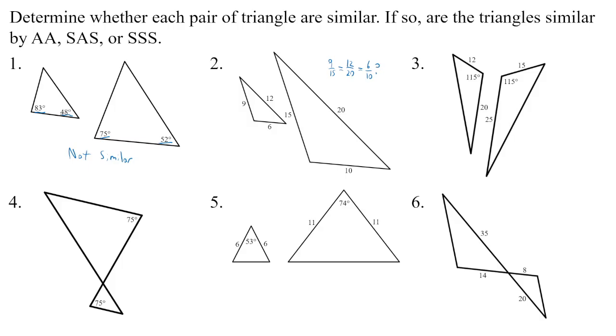Well, let's see what they all reduce to. 9 over 15 reduces to 3 over 5. 12 over 20 reduces to 3 over 5.